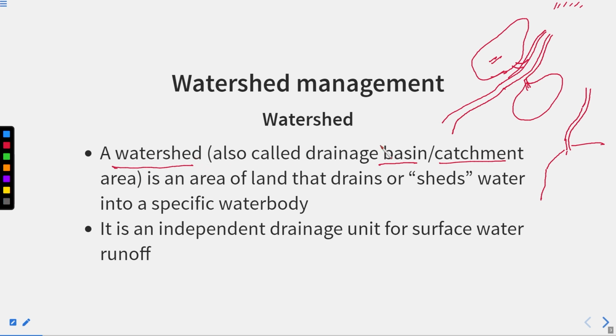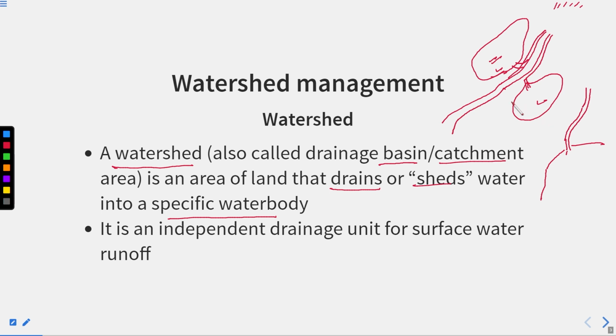Again, a watershed, also called a drainage basin or a catchment area, is an area of land that drains or sheds water into a specific water body. These are not actually the water body, but they can drain all the water to some water bodies like wetlands. There are many wetlands which are connected with river channels.